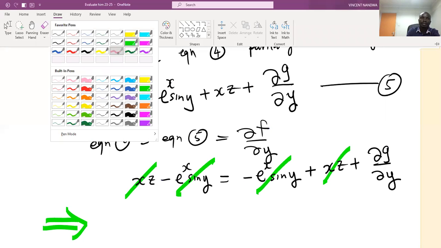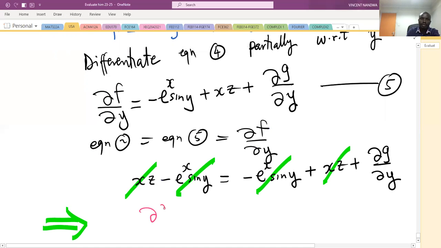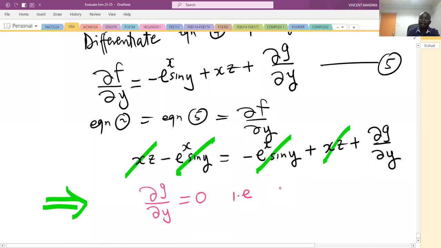that partial g partial y is equal to 0, i.e. g of yz is just a function of z.